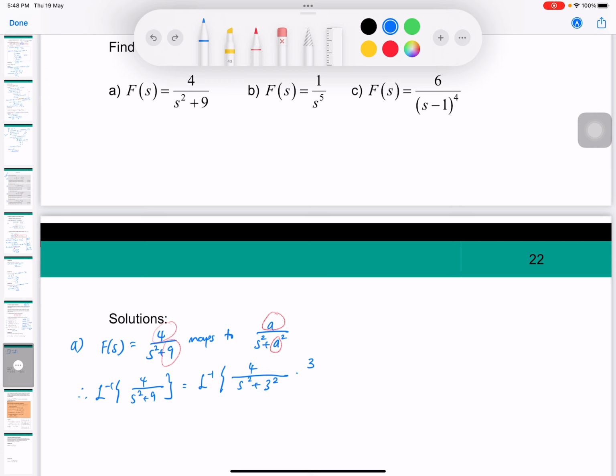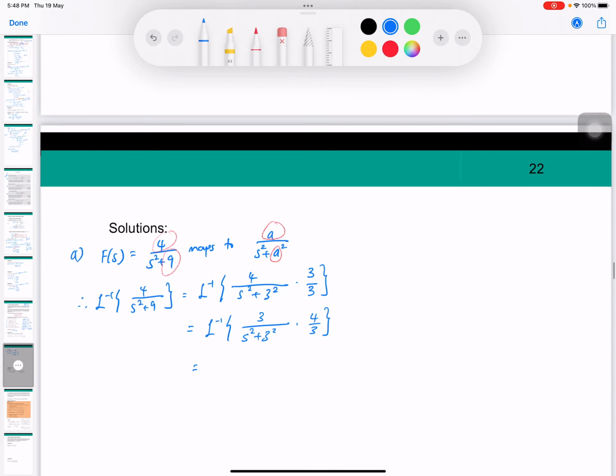So I multiply 3 with 3, divide with 3. That won't change my question. So I take 3 multiply with 4 over 3. So if you can see earlier on, you can bring this 4 over 3 outside, 3 over s squared plus 3 squared.